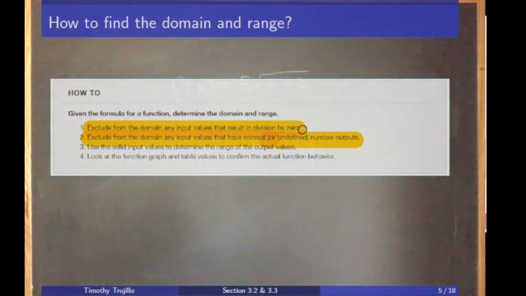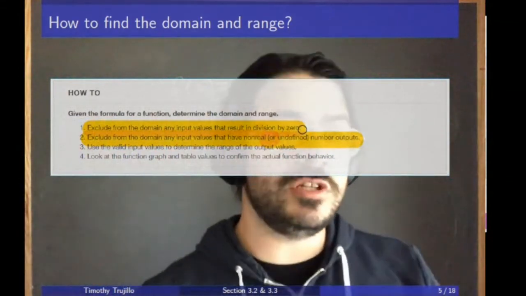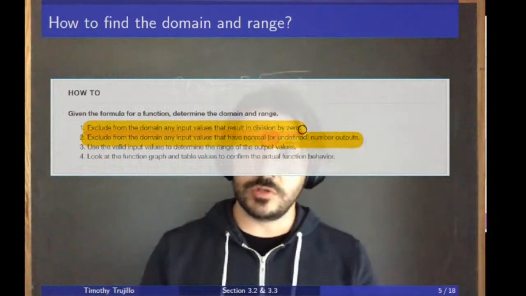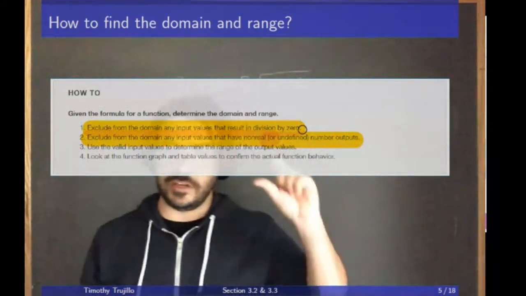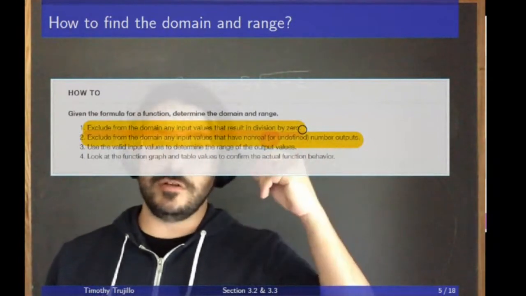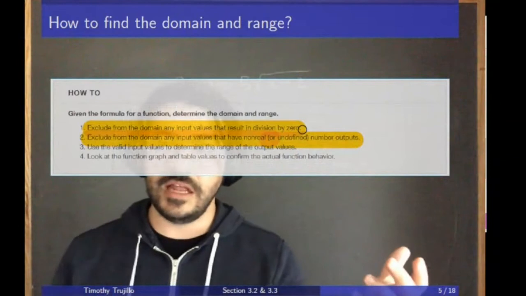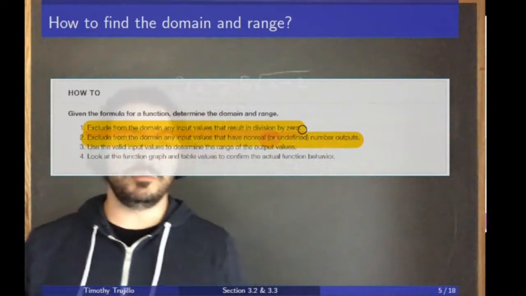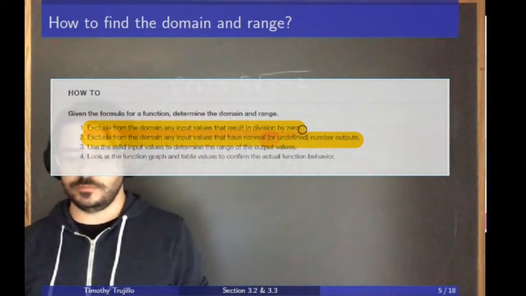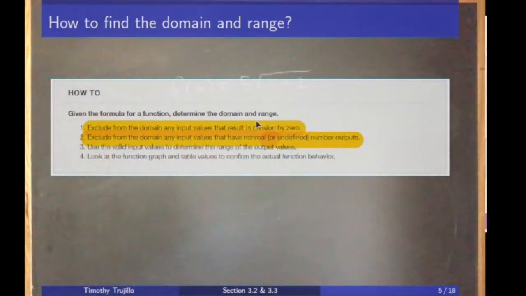So we need to make sure that we're not taking the square root of a negative number. But we also need to make sure that it's not just square roots, it's even roots, right? Anytime the index there is even, like a 2 or a 4 or a 6, we need to worry about this. If it's a cube root or an odd root, like the 5th root or something like that, then you can plug in positive or negative numbers. There's no issue, and you'll get back a real number. So it's only the even roots that you have to worry about.